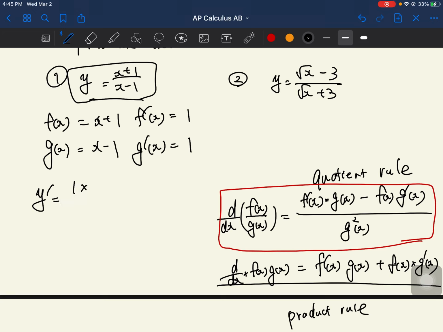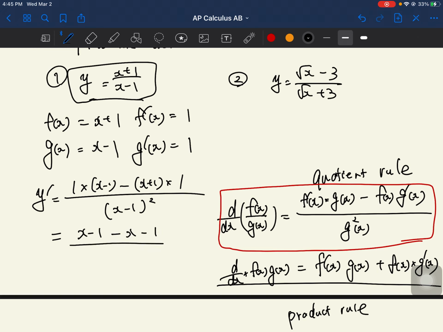y prime is f prime of x, which is 1, times g of x, which is x minus 1, minus f of x, x plus 1, times g prime of x, which is 1, over g of x squared, (x minus 1) squared.